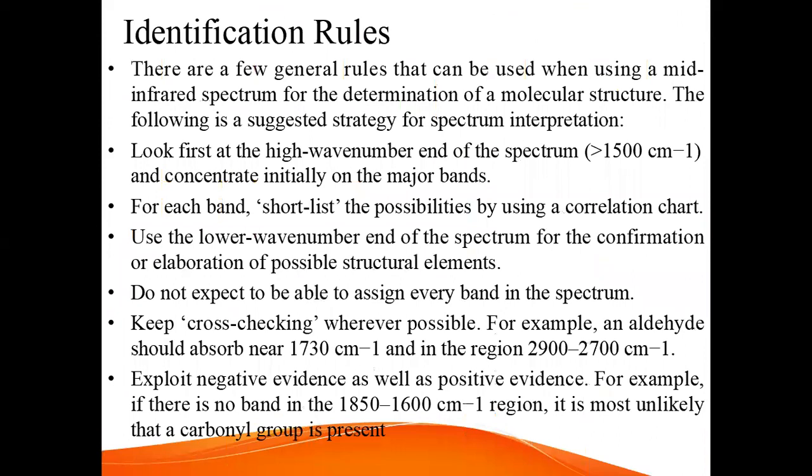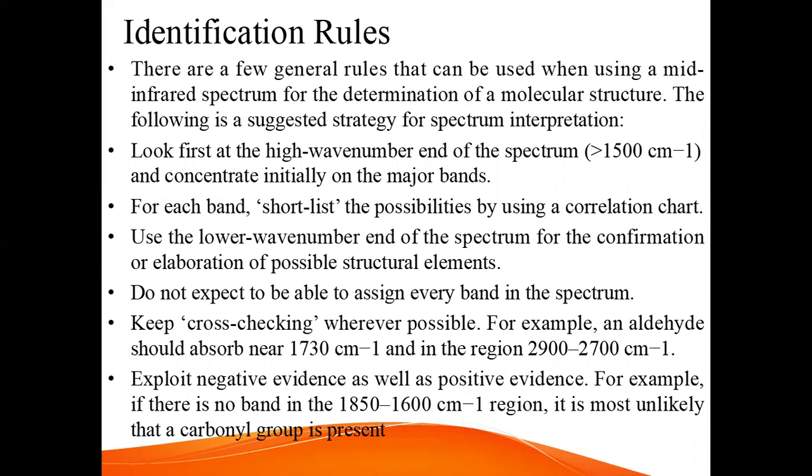Identification rules. There are a few general rules that can be used when using a mid-infrared spectrum for the determination of a molecular structure. The following is a suggested strategy for spectrum interpretation. Look first at the high wave number end of the spectrum, greater than 1500 per centimeter, and concentrate initially on the major bands.